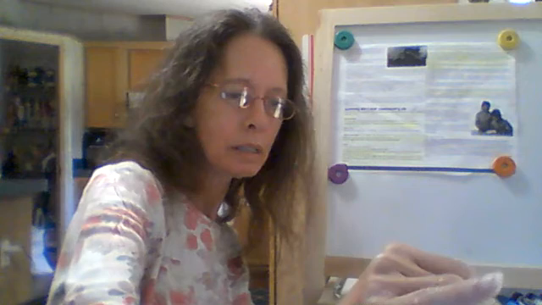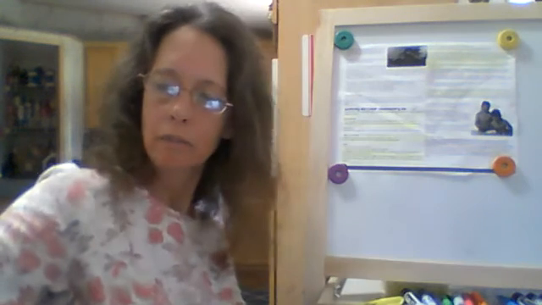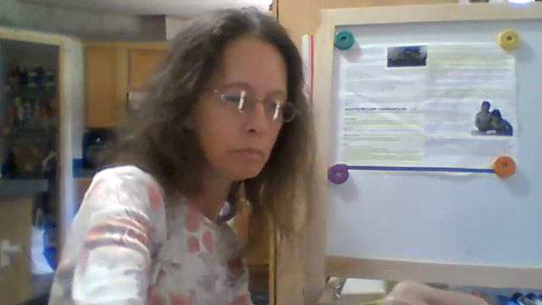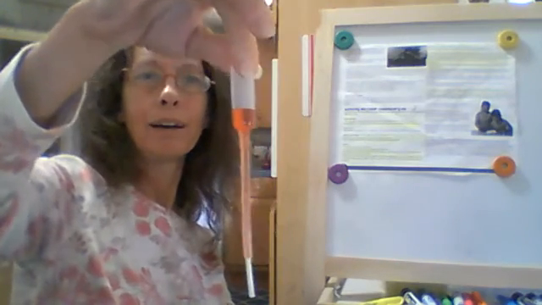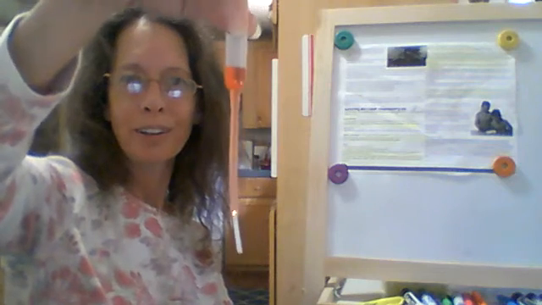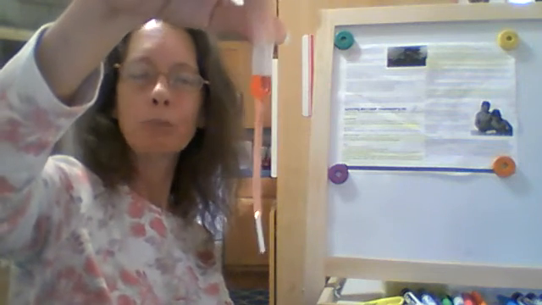Put it in with the red. Rinse. And let's see what color we get now. What color is that? I see orange. Do you see orange? That's what happens when we mix red and yellow. We get orange. Awesome.